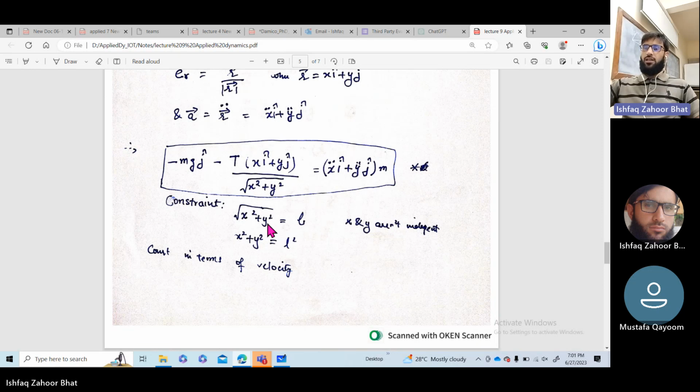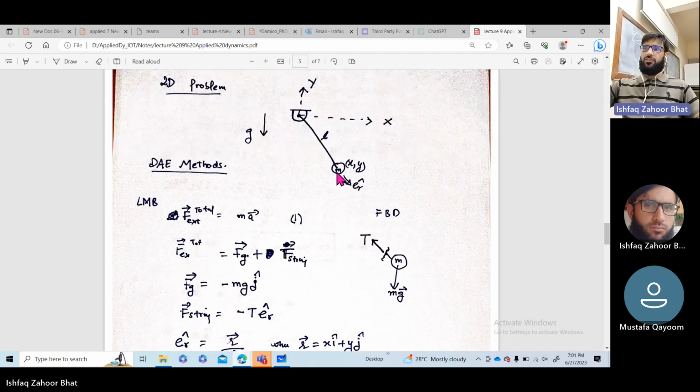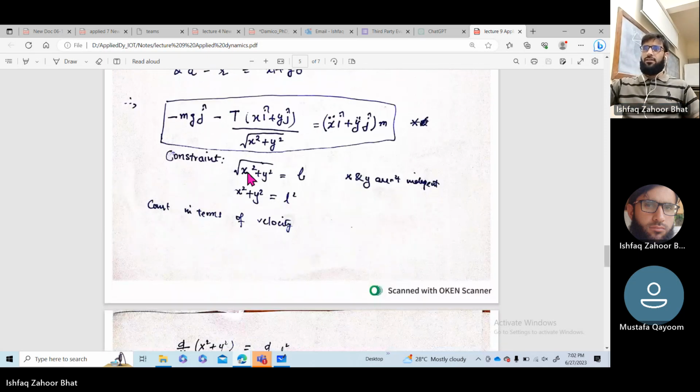Now the constraint is that under root of x square plus y square is L. That is, the distance of this mass from the origin is always L. This is the constraint, which says that this string is not stretching. Squaring both sides, we get x square plus y square equal to L square.